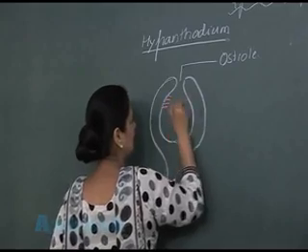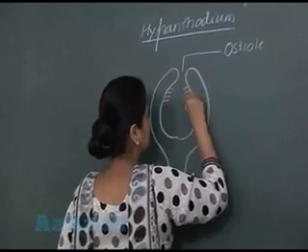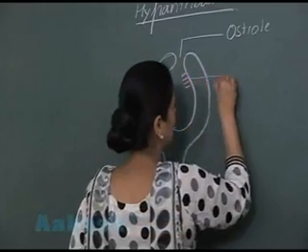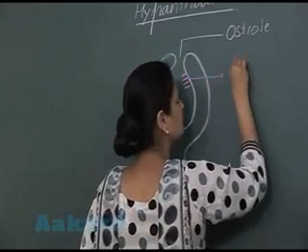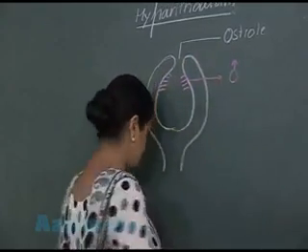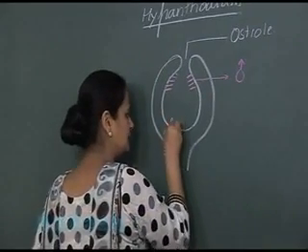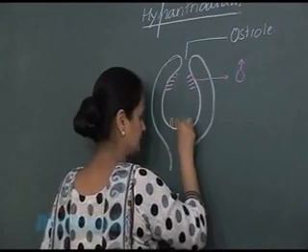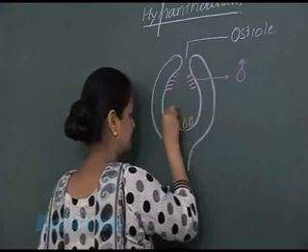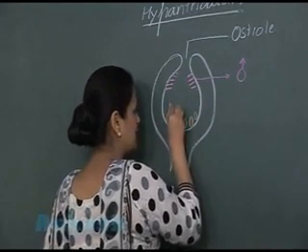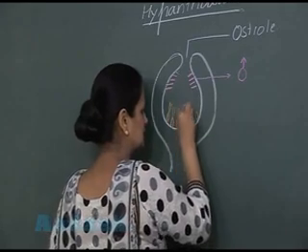On the upper side, that is near the ostiole, there is presence of male flowers. Male flowers present हैं, and on the lower side, that is here, there is presence of female flowers.